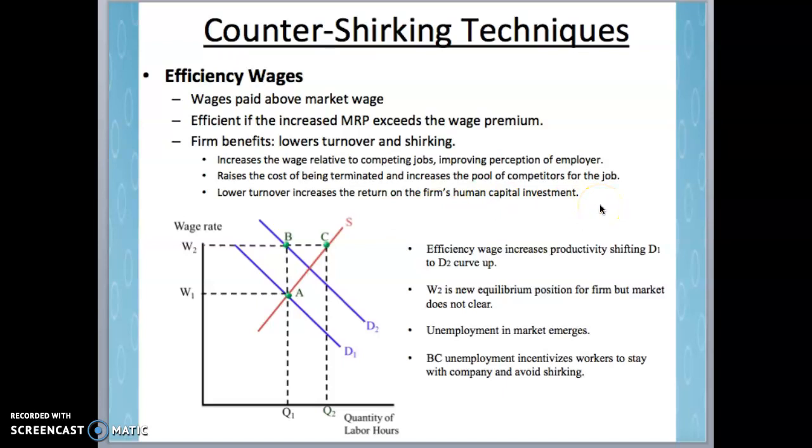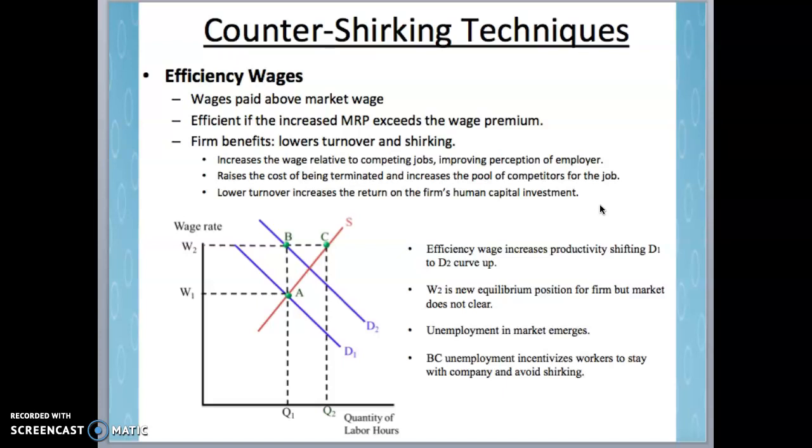It also supports the idea that firms that do pay efficiency wages may be more likely to invest in training their workers. If you go to work for Costco or In-N-Out, you could probably expect more opportunity for training and moving up than you might if you went to companies that don't pay that kind of efficiency wage, because those other companies are concerned that if they make that investment in you, you're just going to turn around and leave.